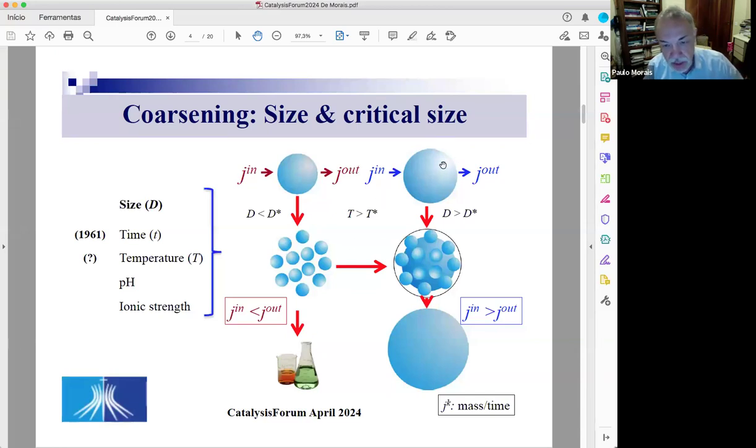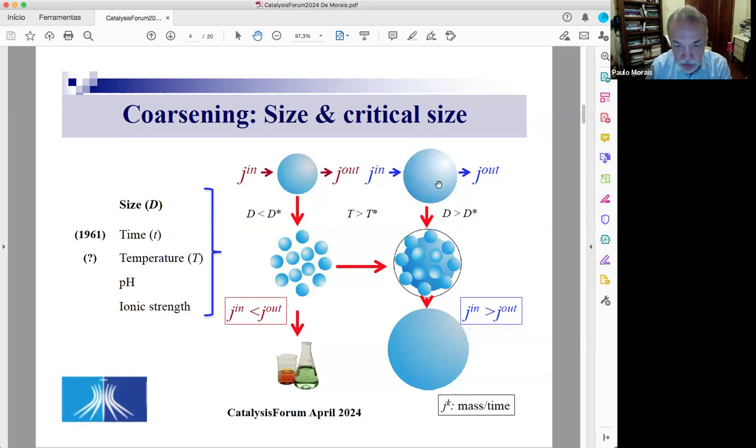On the other hand, on the right-hand side, you see the reverse scenario. The mass in current is higher than the mass out current, and if the mean size of the nanomaterial is higher than the critical size of that particular material, the particle size just grows. Then you end up with a suspension holding bigger nanoparticles at the end.